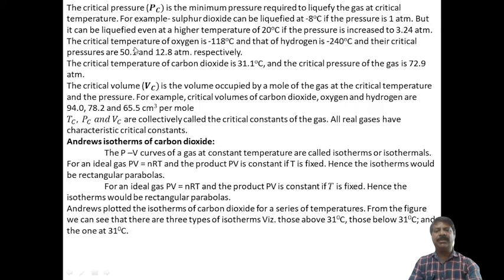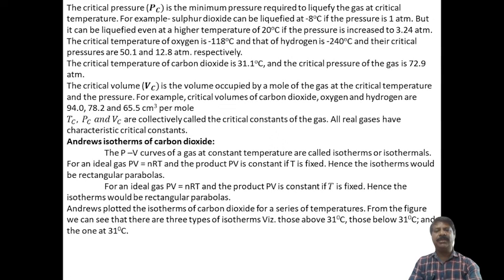For oxygen the critical pressure is 50 atmospheres, and for hydrogen the critical temperature is minus 240 degrees Celsius, whereas 18.8 atmospheres is the critical pressure of hydrogen gas. Similarly, the critical temperature of carbon dioxide is 31.1 degrees Celsius, and its critical pressure is 72.9 atmospheres.